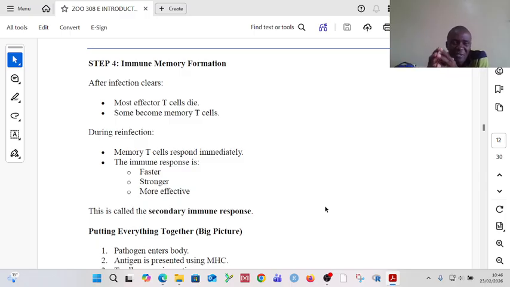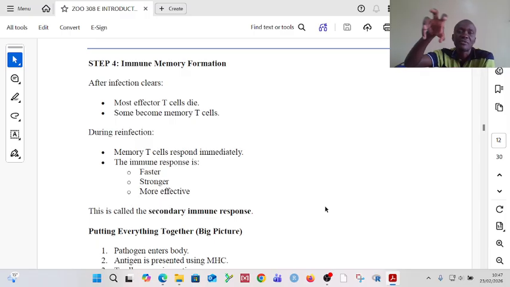So the function of these memory T cells, in case there is a reinfection, an infection by the same pathogen. For example, Mycobacterium TB attacking you today. The T cells fought it and the infection is cleared. Some of those T cells that helped in clearing the Mycobacterium TB will not be destroyed.